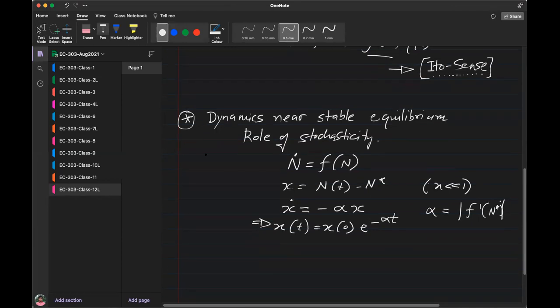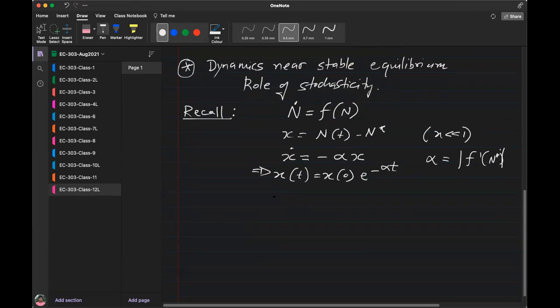We already know this, so let's just recall what we know from mean field analysis. And what's the interpretation of alpha? Alpha was the return rate to the equilibrium. Okay, and tau, which is 1 over alpha, if I were to define 1 over alpha as a time scale, would be the time to return to equilibrium.